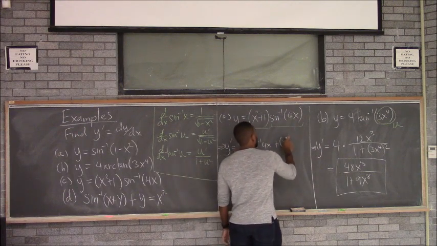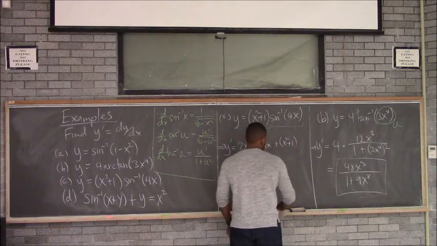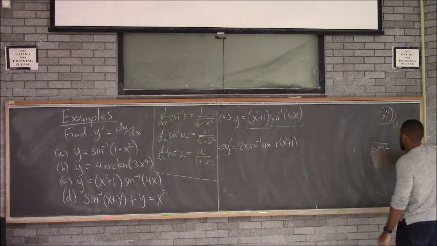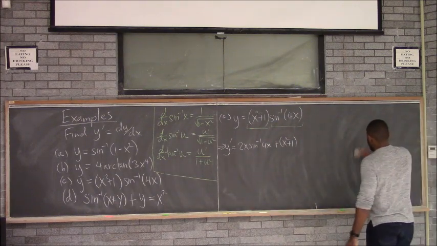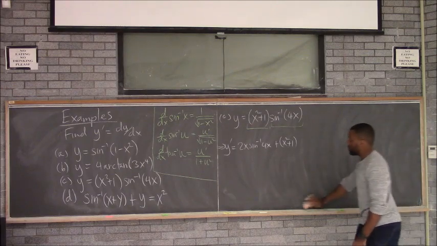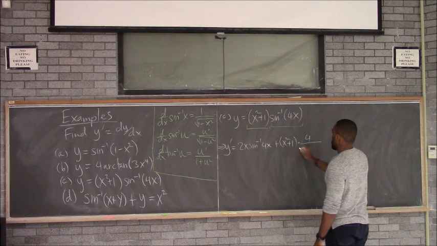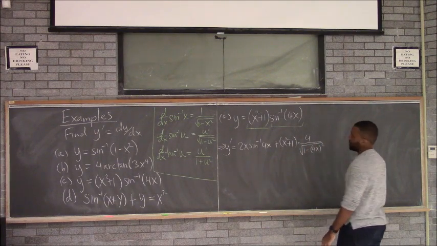Plus, I'm going to leave this and differentiate the sine inverse, which I have the rule over there. It's just going to be u prime divided by the radical of 1 minus u squared. So that's going to be 4 divided by the radical of 1 minus 4x squared.